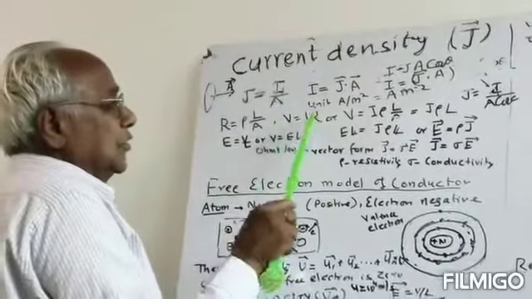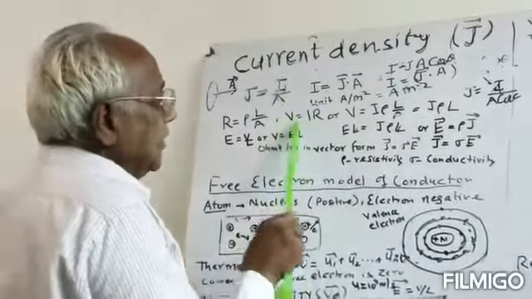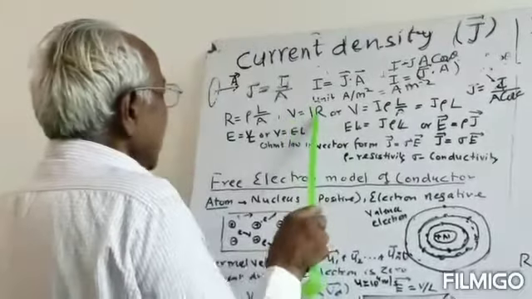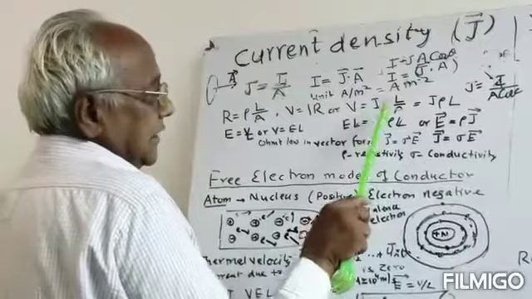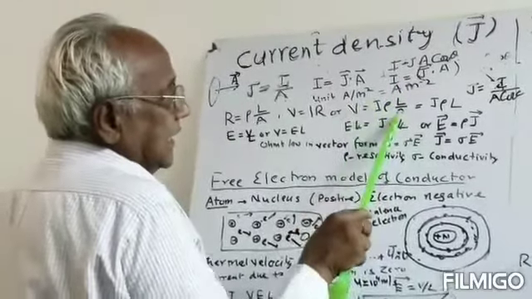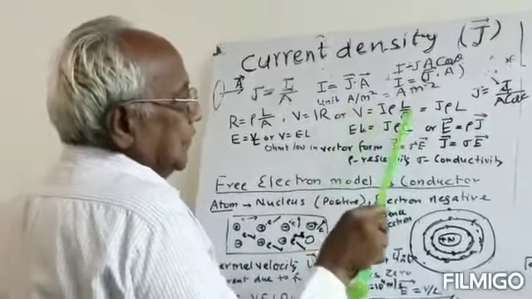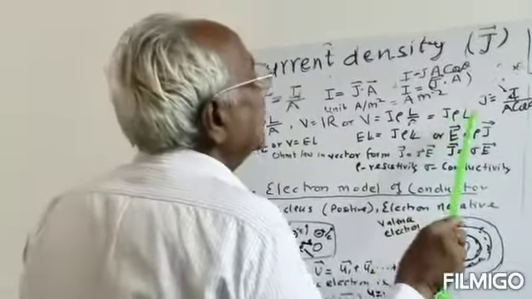So V is proportional to I, or V is equal to I into R. Substituting the value of R, V will be equal to I into rho L by A. Now I by A is J, so V will be equal to J into rho into L.